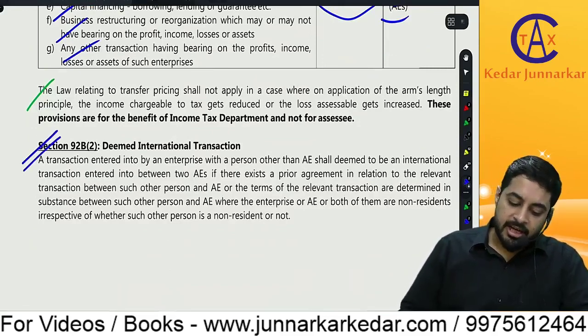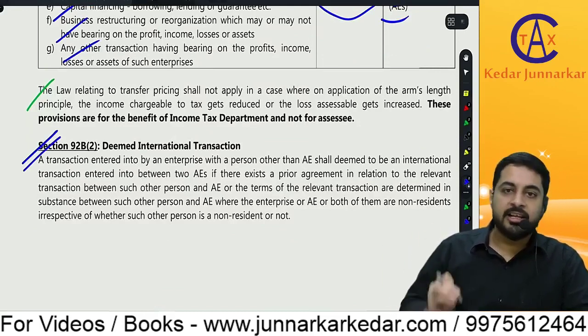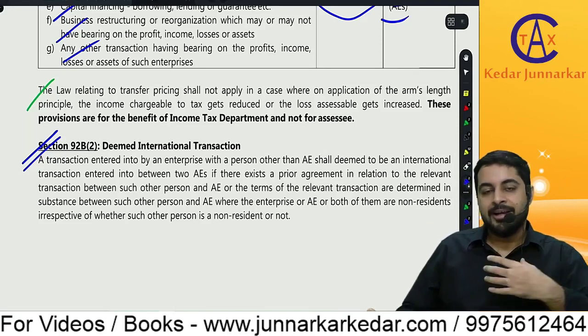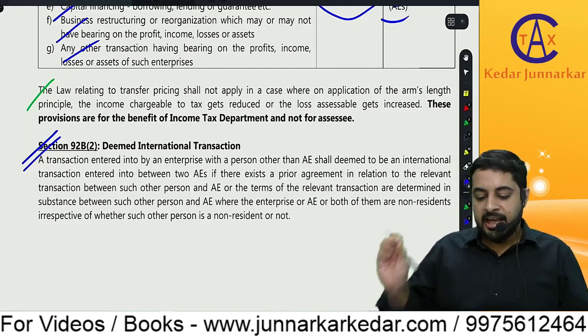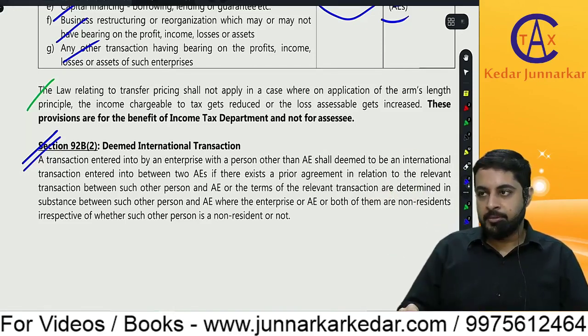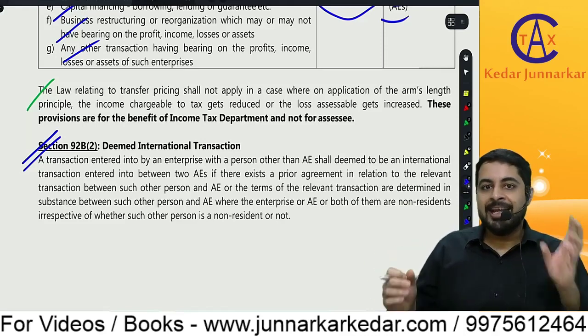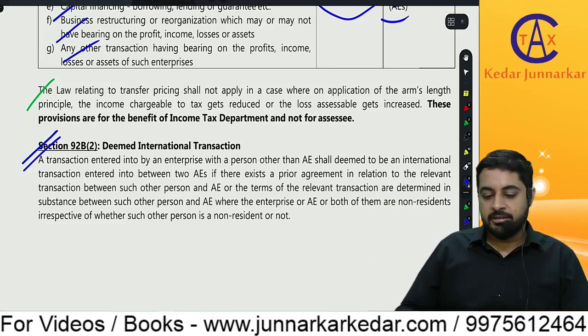Section 92B(2): a transaction entered into by an enterprise with a person other than an AE. So let's say I am A Limited, an Indian resident entity, entering into a transaction with a person other than an AE. So let's say A Limited and B Limited are AEs, and B Limited is non-resident.